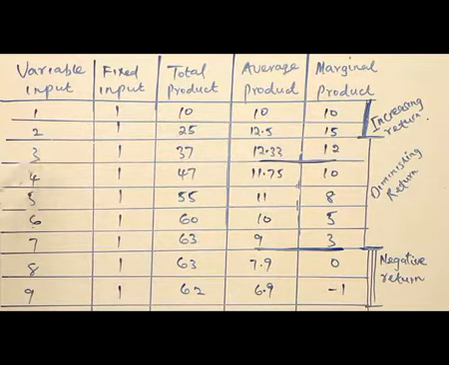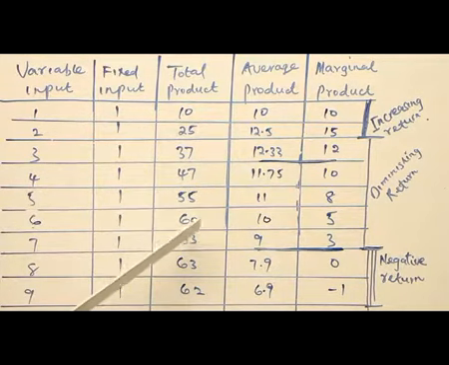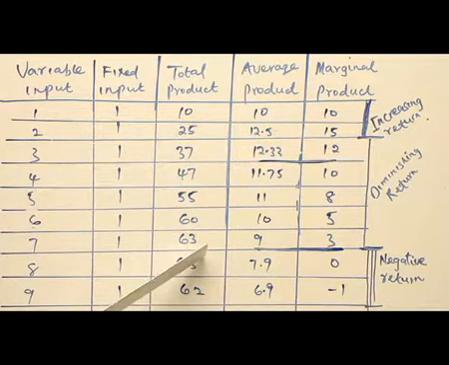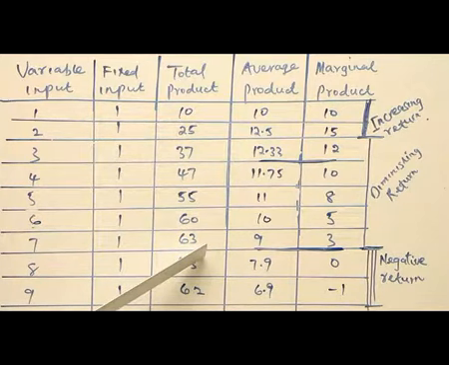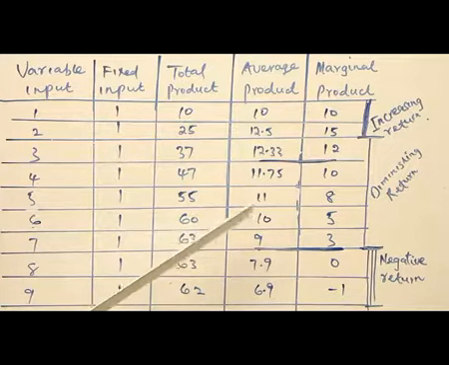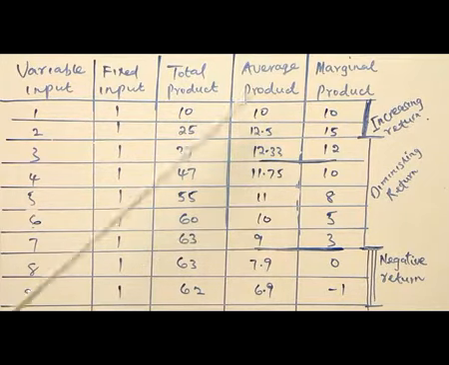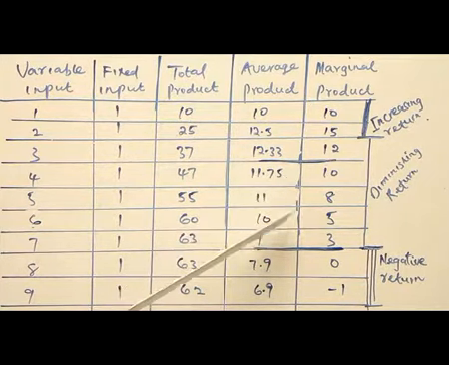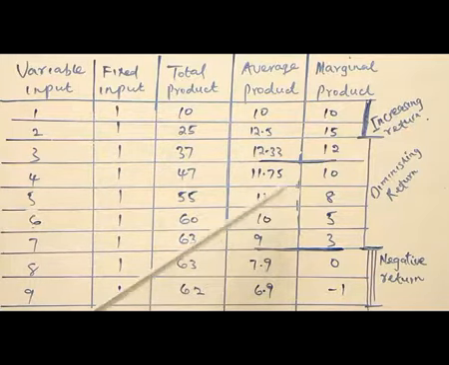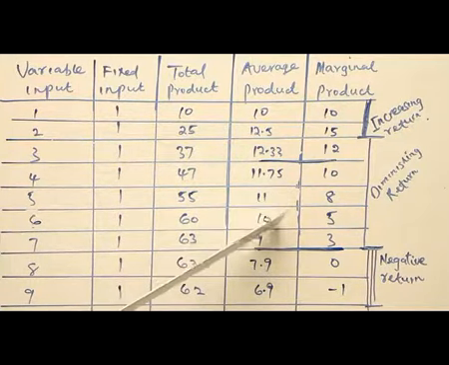As the firm is employing more variable inputs, total output is increasing up to 7 units of variable input, where we have total product of 63, while the average product is decreasing gradually from 11.75, 11, 10, 9.